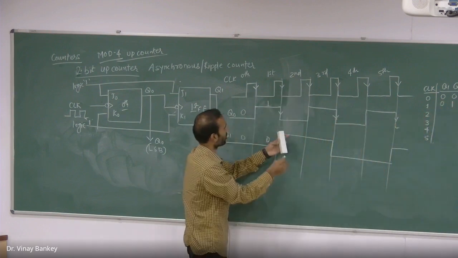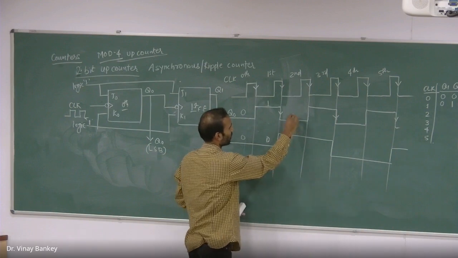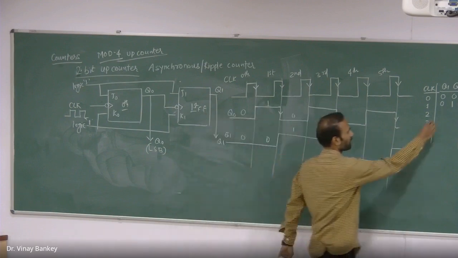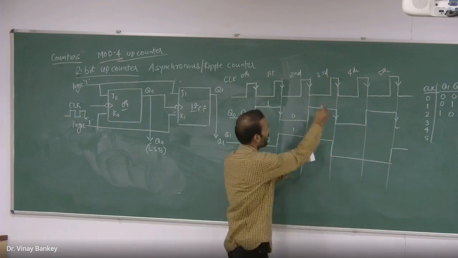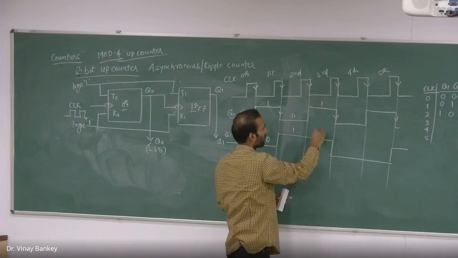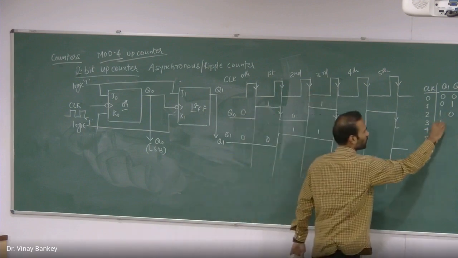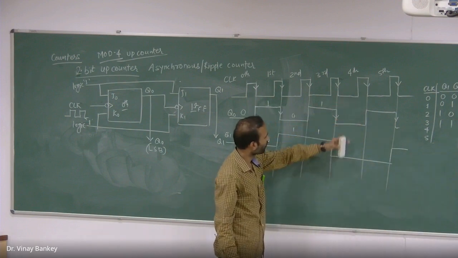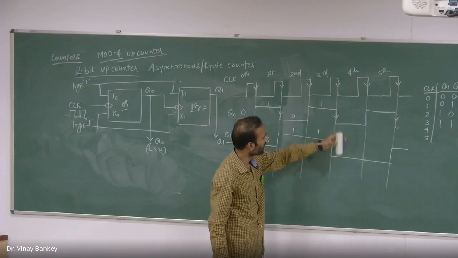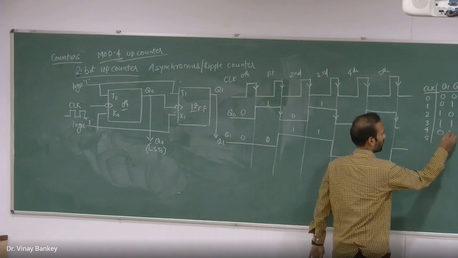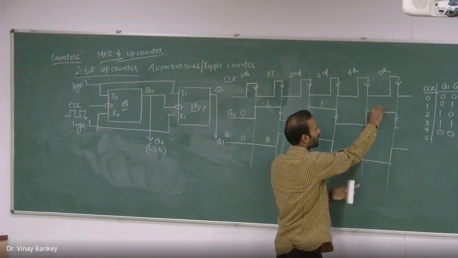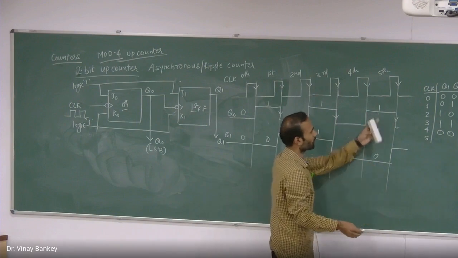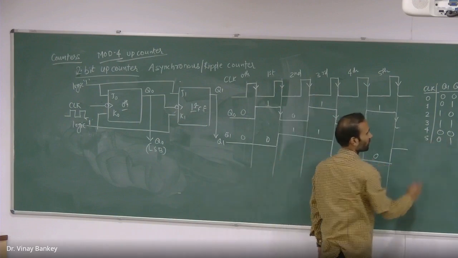In the second clock pulse, the output is 0 and 1. In the third clock pulse, it will become 1 and 1. For the fourth clock pulse, both will be 0, Q0 and Q1 are 0 0. And for the fifth clock pulse, again Q0 is 1 and Q1 is 0.